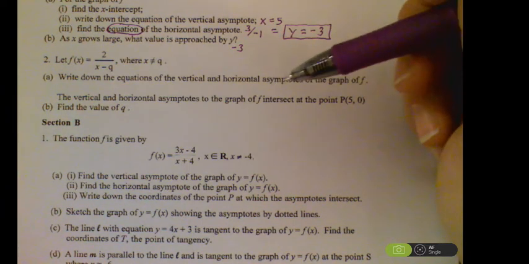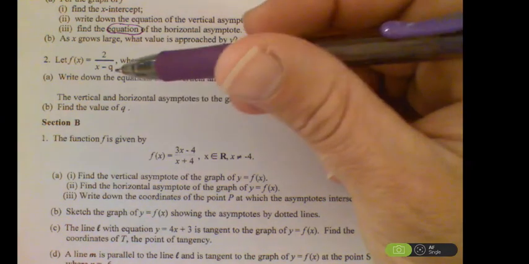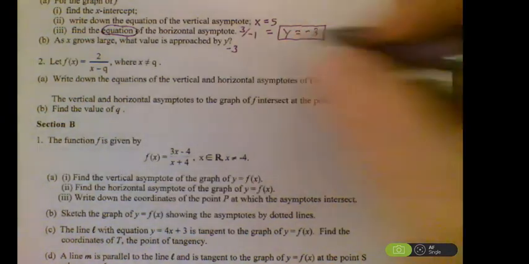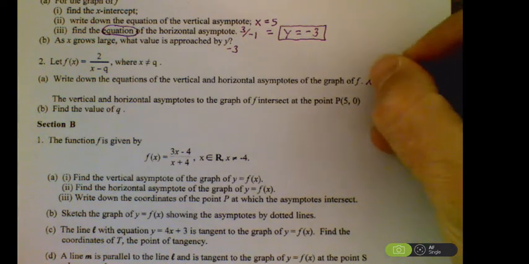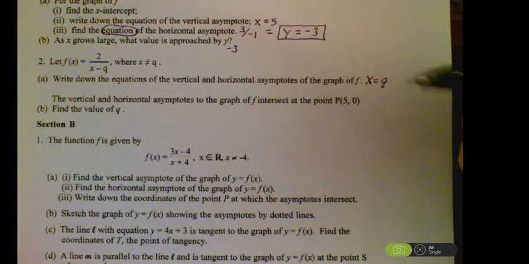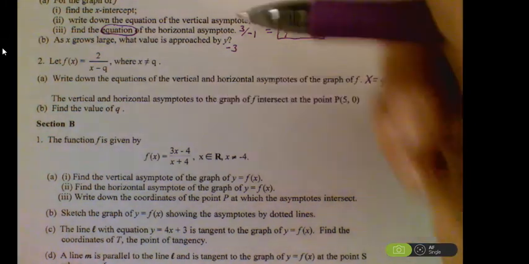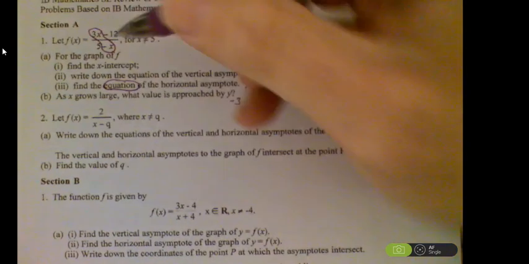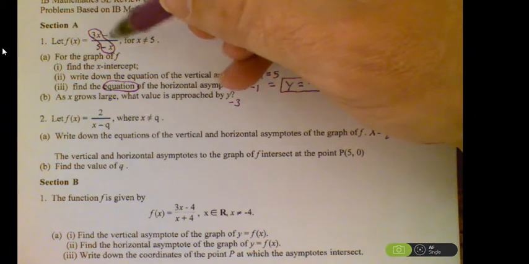So remember, same thing as up here. If you set the denominator equal to 0, in this case we're just going to get x equaling q. That always gives us the vertical asymptote. And for the horizontal asymptote, when we saw it up here, we just did coefficient over coefficient because the exponents were equal.